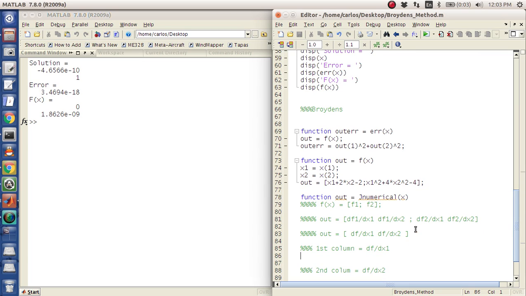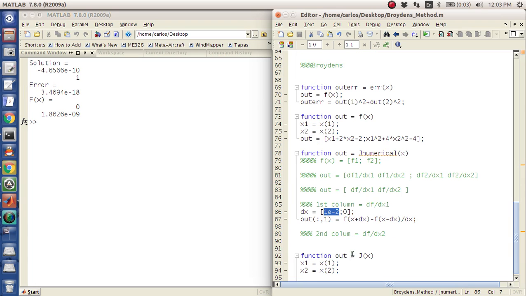So if we approximate this using first order derivative, basically the first column, out of all comma 1, equals the function evaluated at x plus dx minus the function evaluated at x minus dx, all over dx. Now dx is going to be 1e negative 2, 0. It's a small infinitesimal change along x1.